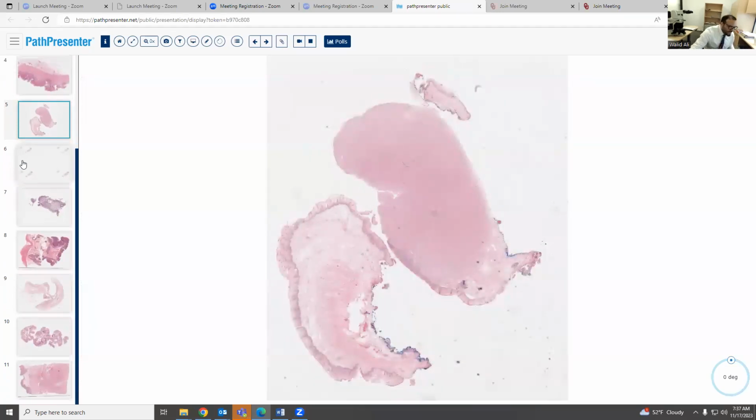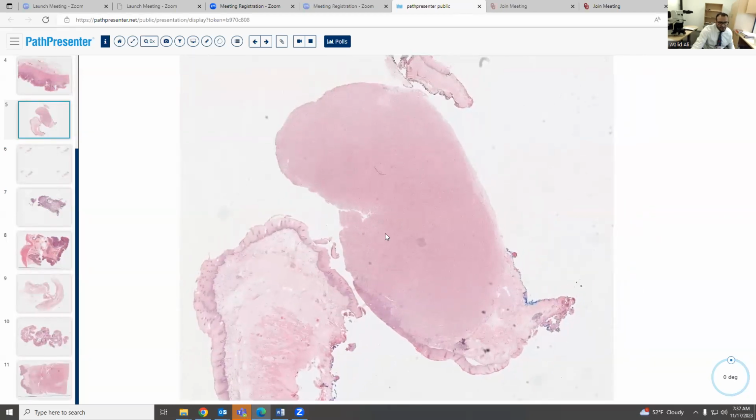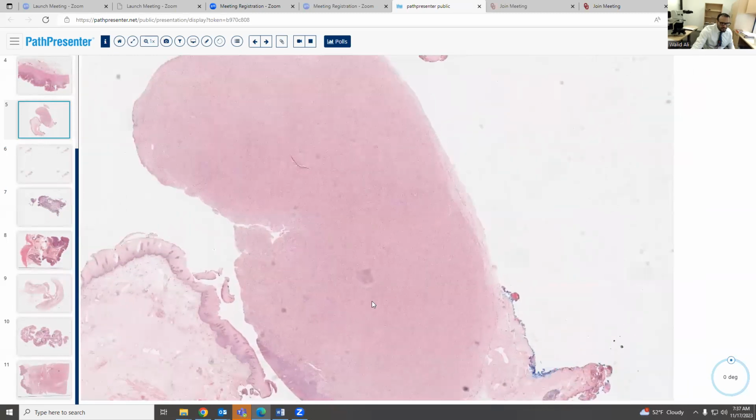Now we're gonna come back again to this. Let's say these patients come with an esophageal nodule or mass, and they resected the nodule. We see here a well circumscribed mass beneath the esophageal squamous mucosa, and it looks benign to me.